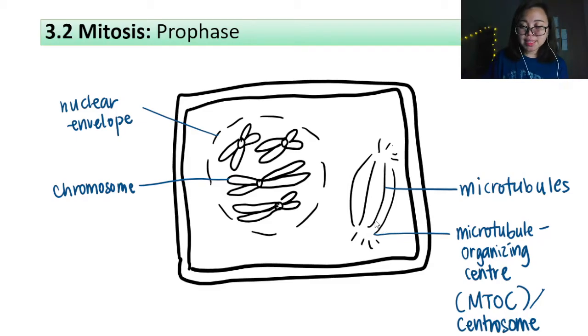Dalam plant cell, kita tidak gelar dia sebagai centriole ataupun ester. Centriole hanya ada dalam animal cell. Plant cell dia tiada centriole, dia ada microtubule organizing center ataupun MTOC.